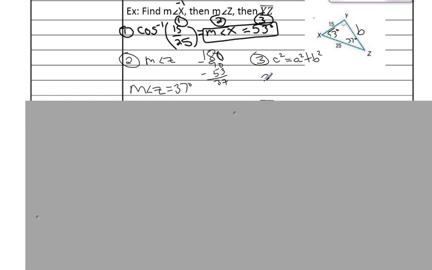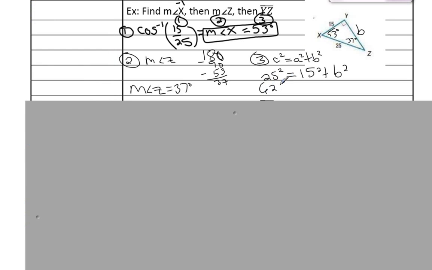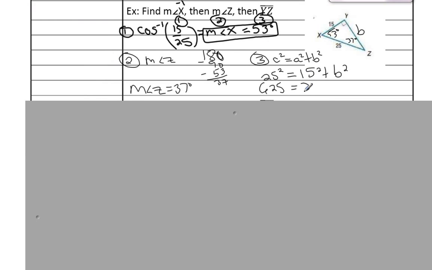So c squared would be 25 squared, because that's the hypotenuse, equals a squared, 15 squared, plus b squared. 25 squared, no, it's still orange. 25 squared is 625. 15 squared is 225. And we're looking for our b.